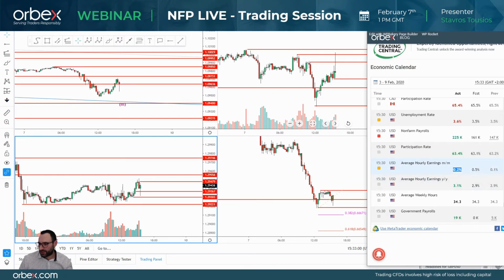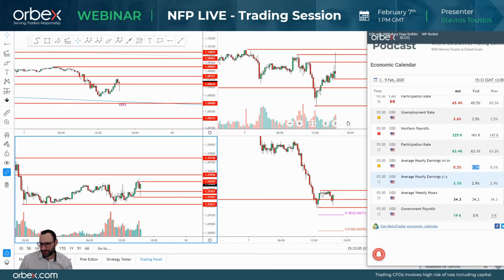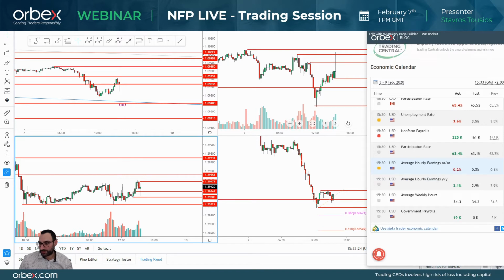The average earnings on a month-to-month basis, the 0.5 here, to be honest, was over-optimistic, right? I mean, from 0.1 to 0.5, it's a very, very big jump. 0.2 is the result. It's still positive compared to the previous one, right? But much less than the expectations. I don't even know where expectations at 0.5 came from, to be honest.